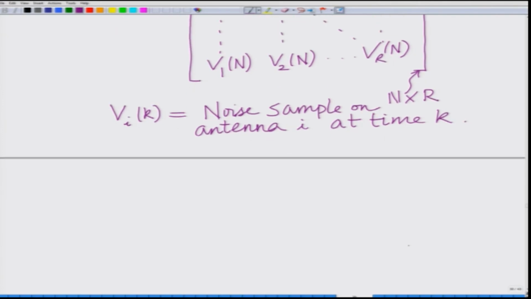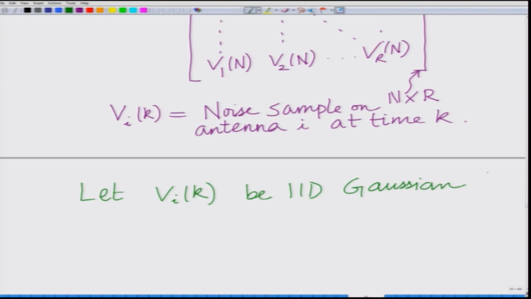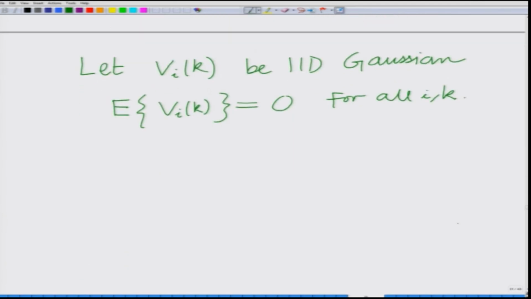Let us now assume the noise is Gaussian. Similar to the previous development, let the noise samples V_ik be IID Gaussian: noise samples at all antennas at all time instants are Gaussian and independent of each other. Let us assume they are zero mean, expected V_ik equal to 0 for all i, k.